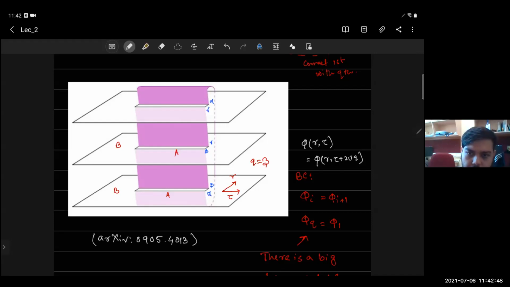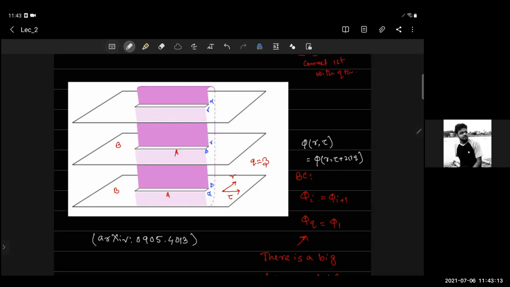Sorry, I'm asking probably very naive questions. Where did the branch cut come from? No, I'm giving an analogy with the branch cut. When you go to pi periodicity, you don't come back to the same sheet. There is no branch cut, and I'm giving you the analogy.